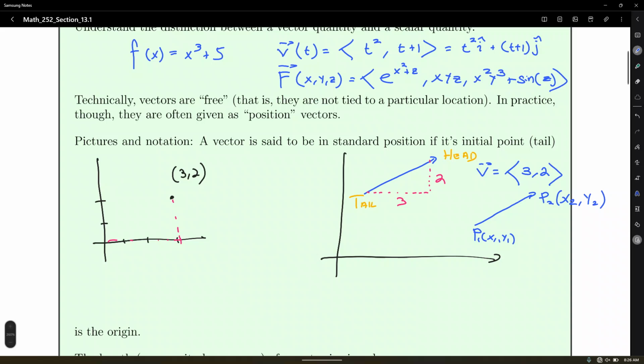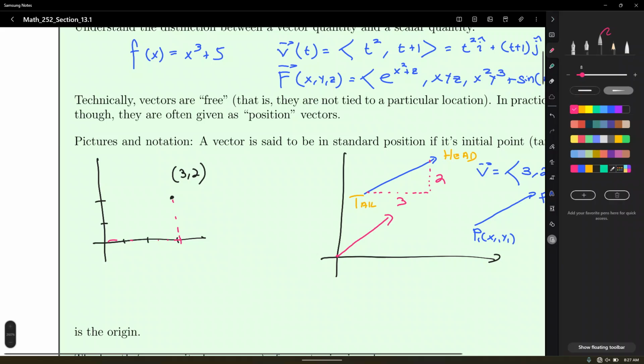And the reason why we talk about these vectors as free quantities is because we will still tie them to a particular location. What is that particular location? The origin. So we'll talk about these vectors where the initial point is the origin and the terminal point will be whatever the components of the vector are.